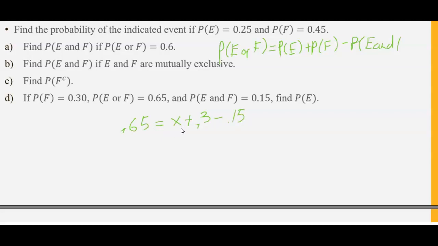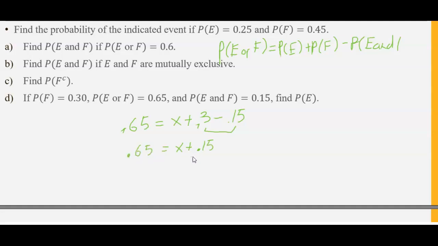So again, we have to get X by itself. I'll combine my like terms, so I'm going to subtract 0.15 from 0.3. Then I get X plus 0.15 is equal to 0.65.